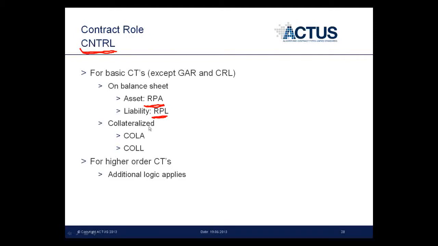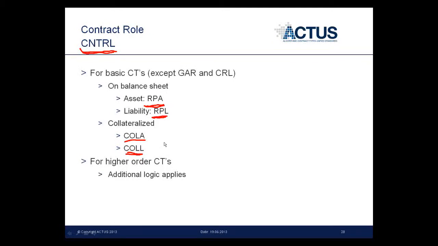If it is a collateralized position, then COLA stands for collateralized asset and COLL for collateralized liability. This rule is sufficient for basic contract types, except guarantees and credit lines.